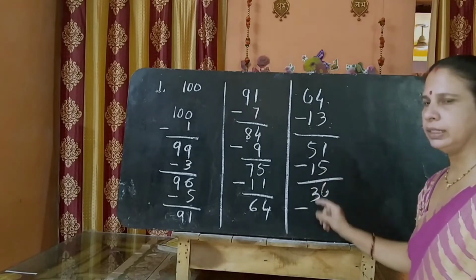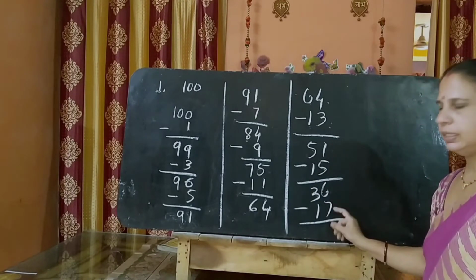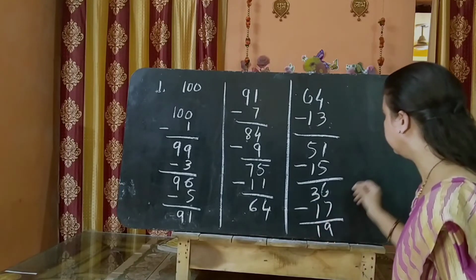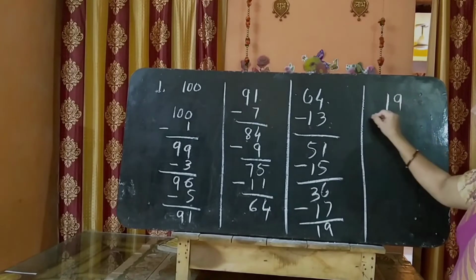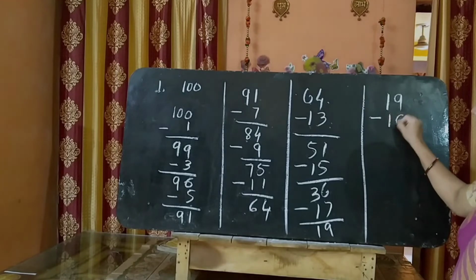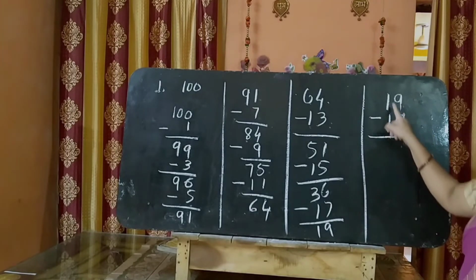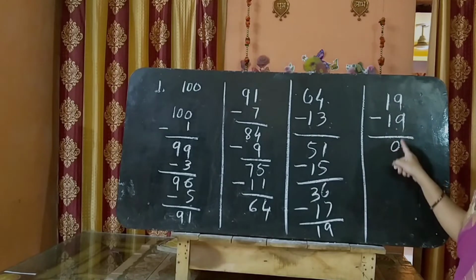Next odd number is 17. 36 minus 17, 19. Next odd number after 17 is 19. 19 minus 19, 0.